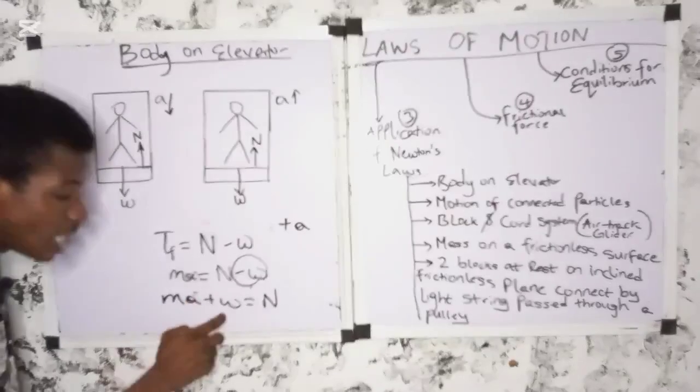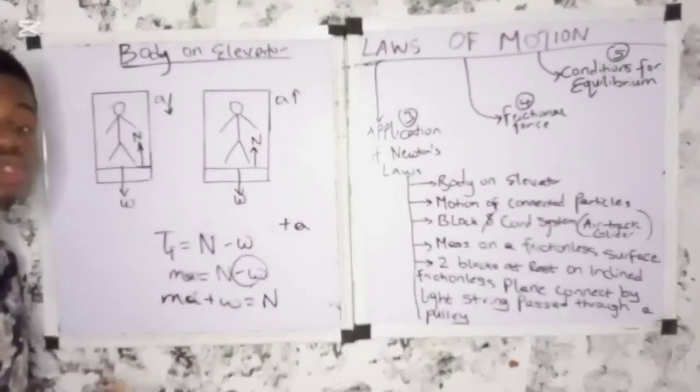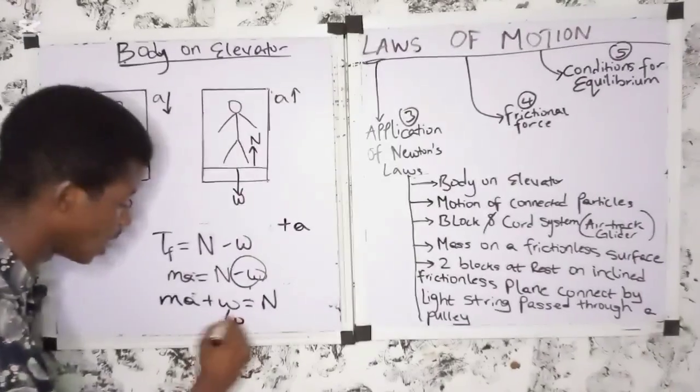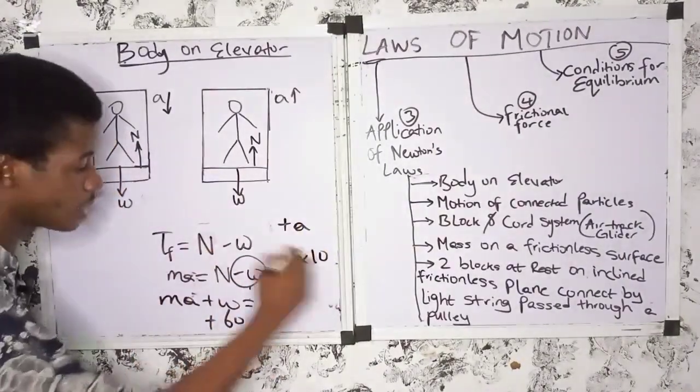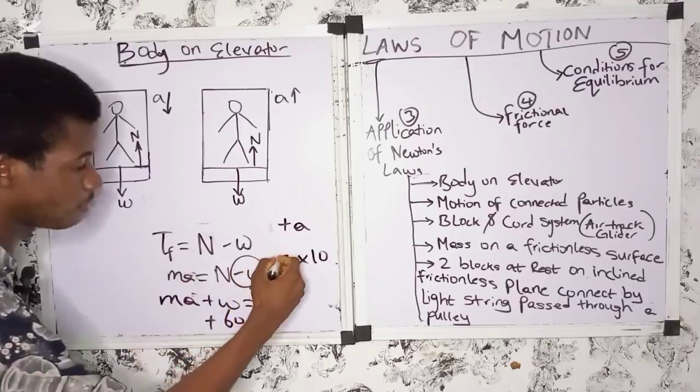Let's say the true weight of the body was 60, the acceleration was 10, and the mass is 5.